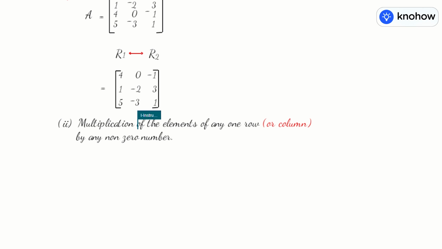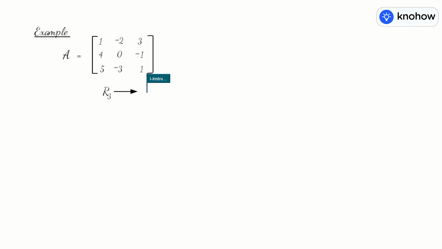For example, given is a matrix A, let's take an example. Given is a matrix A equal to the same 1, -2, 3, 4, 0, -1, 5, -3, 1, and you want to apply the operation R3 to 5 times R3. What do you mean by this instruction?